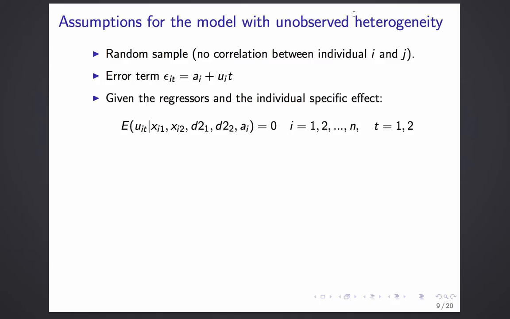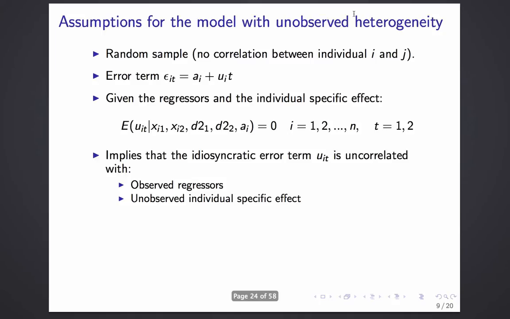Moreover, u is assumed to be mean independent of the time dummy, and then finally this unobserved individual specific effect. In other words, that implies that we're assuming that this idiosyncratic error term u is uncorrelated with x, the observed regressor, and then ai, this unobserved individual specific effect.